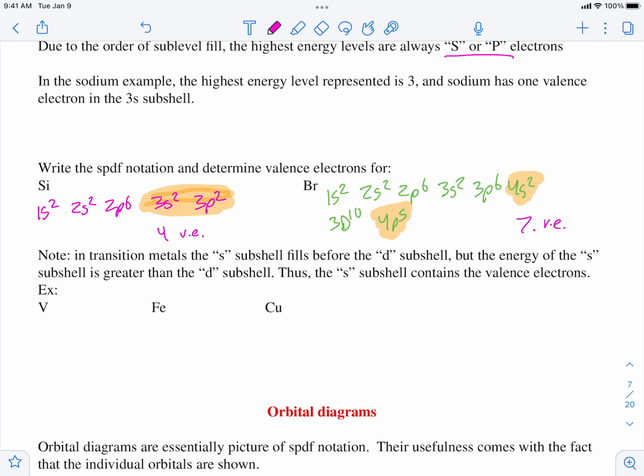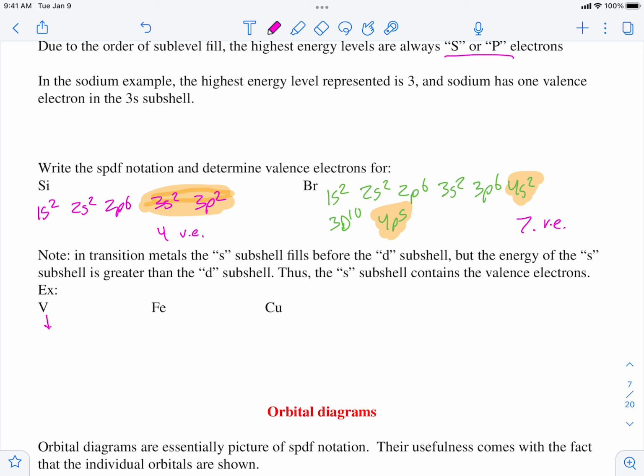Weird thing happens. The transition block, the D subshell. Because of the delay when the D subshell fills and because of the proximity to the nucleus, any transition metal will have a default number of valence electrons based on the preceding S. So for vanadium, right?